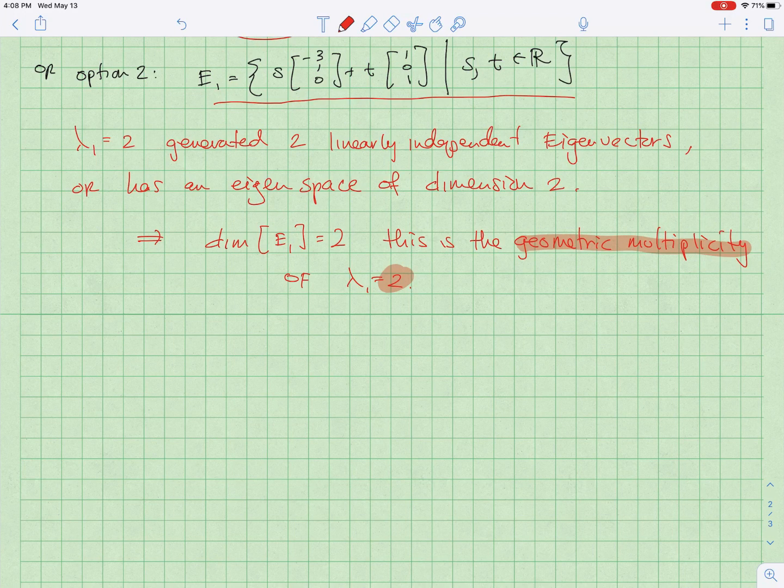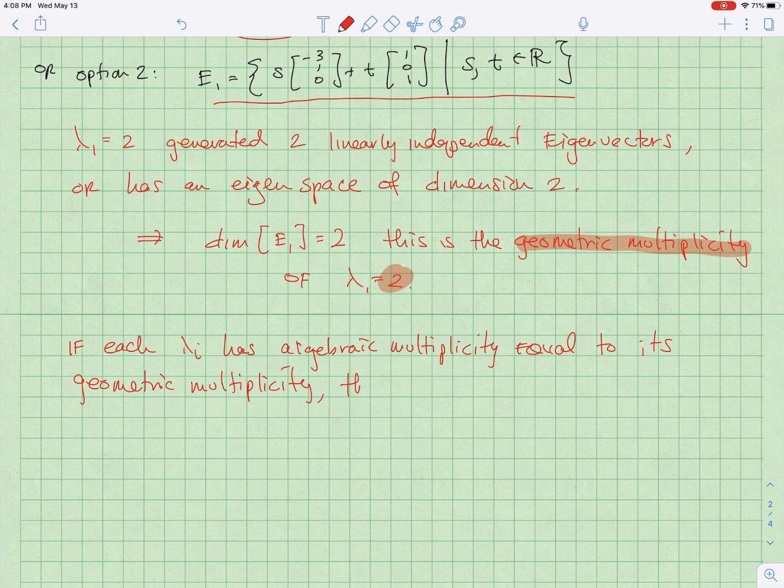So if each lambda sub i has algebraic multiplicity equal to its geometric multiplicity, then A is a non-defective matrix.